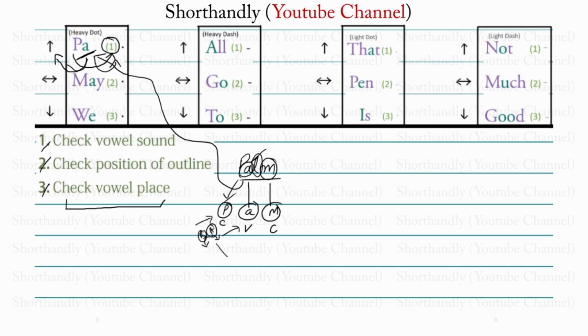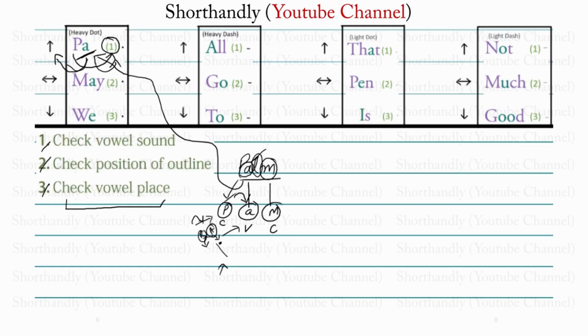The solution for this is that we have to pronounce the sound that we are getting, which is palm. The A vowel sound is after this P. So this is our P, and of course we have to put the vowel now. We are getting the A sound after this P. So that's why we will be putting the A vowel after this P on the first place like this.